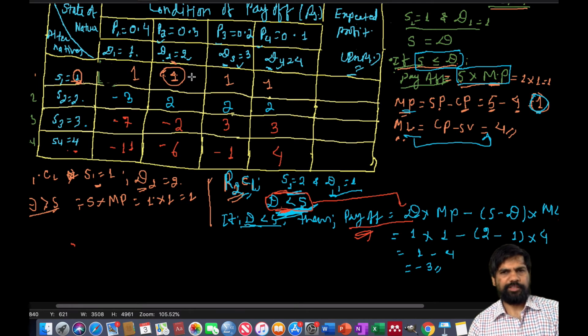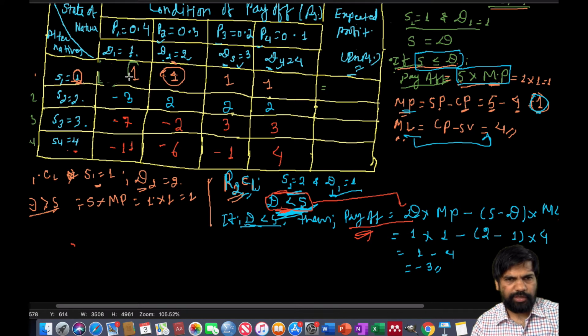Similarly, now how will we calculate the expected profit? Expected profit means, what is the value for this cell? Now take your calculator and start with me together. This 1 is multiplied with 0.24, plus 1 multiplied by 0.3, plus 1 multiplied by 0.2, plus 1 multiplied by 0.1, is equal to 1.